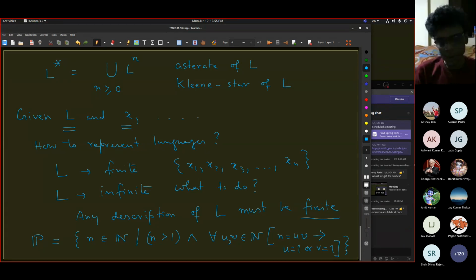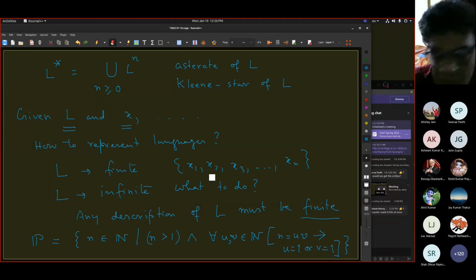This is a compact definition. We know that this set of primes is infinite, right? There are infinitely many primes.